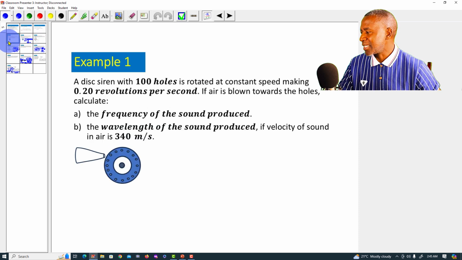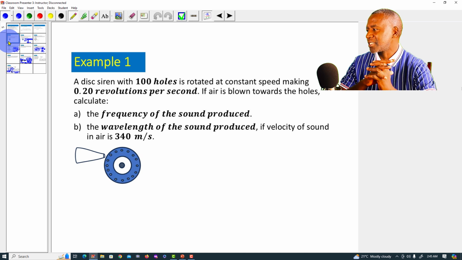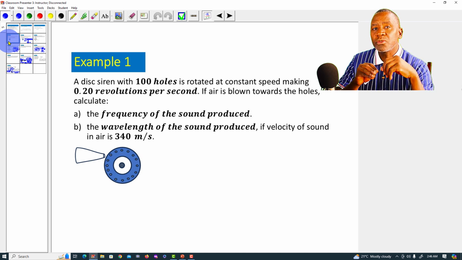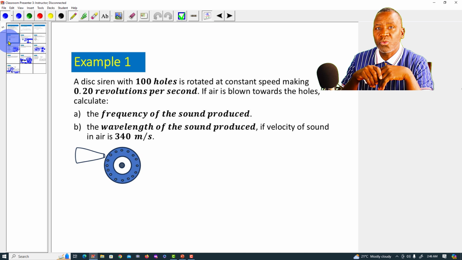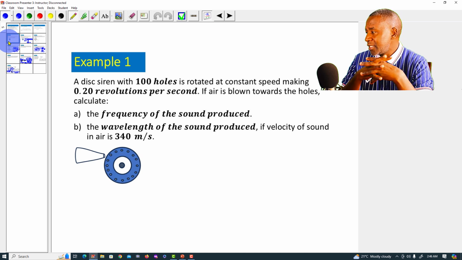And with that, I think we can move to the first question. In this video, I want to go through the examples which are given in the course book. I want to explain each one of them. And remember, we are looking at calculations in sound. So I look at those questions where there are calculations, right?